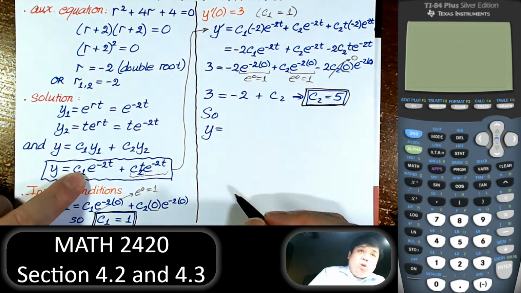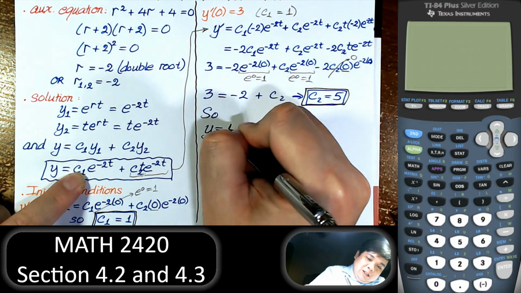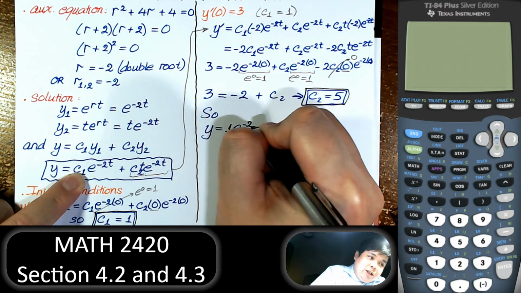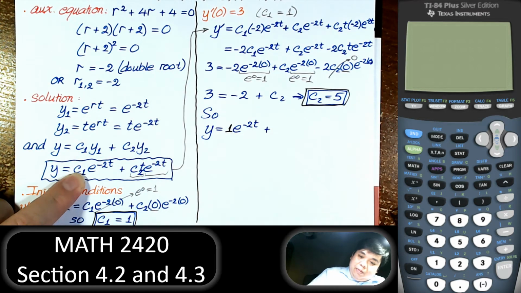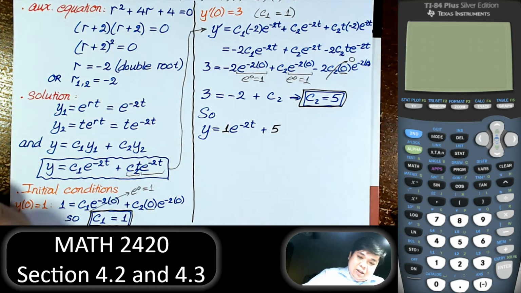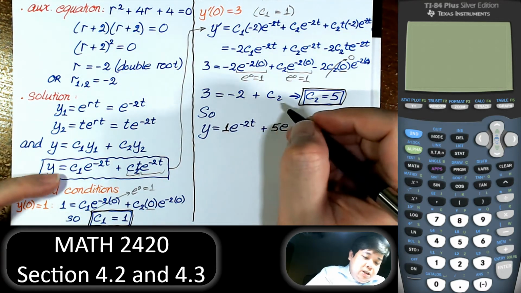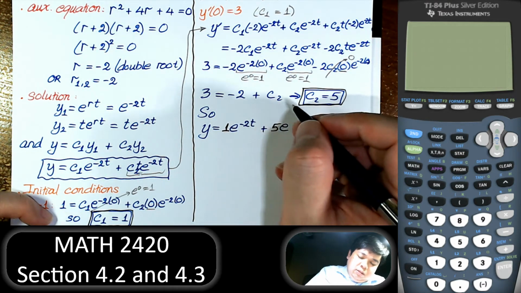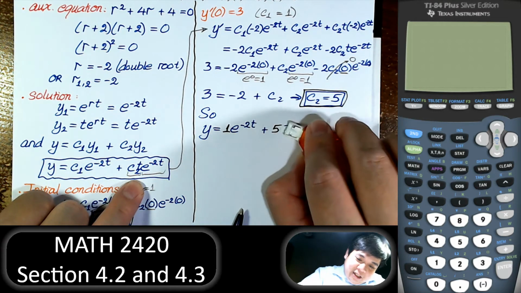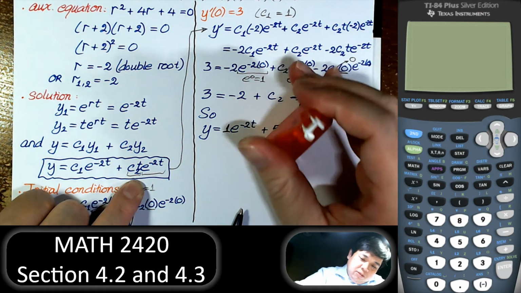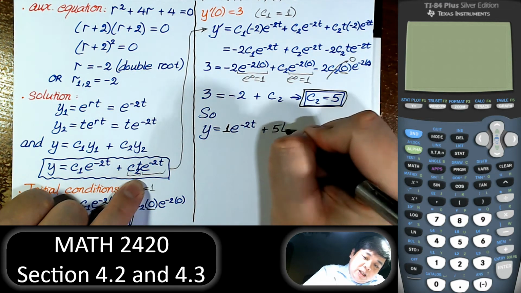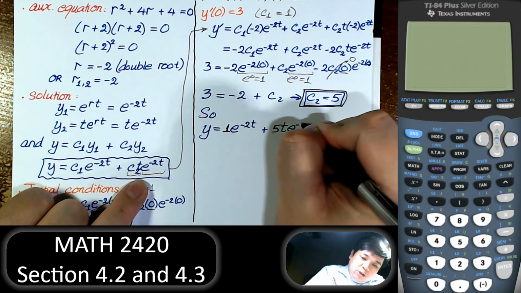So C1, I'm going to put 1 here: e to negative 2t plus C2 is 5, five t e to negative 2t.